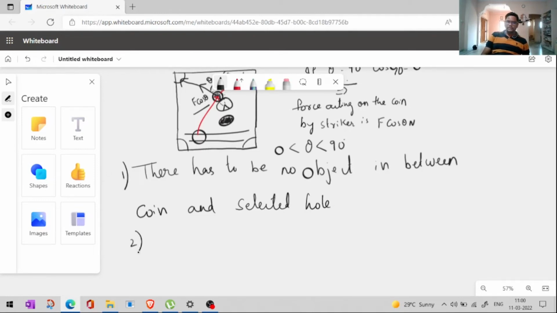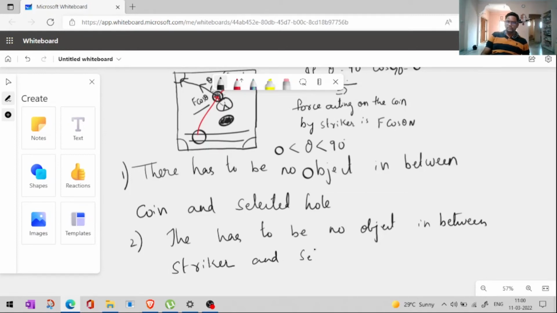The second condition is there has to be no object in between the striker and the selected coin, or you can say the target coin.